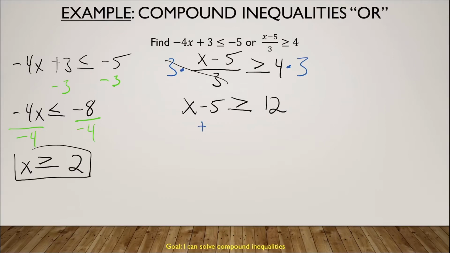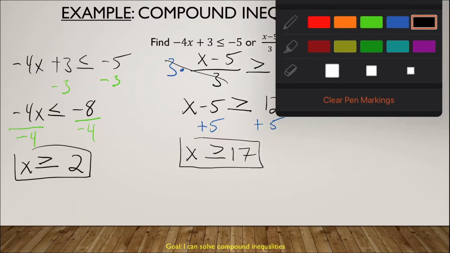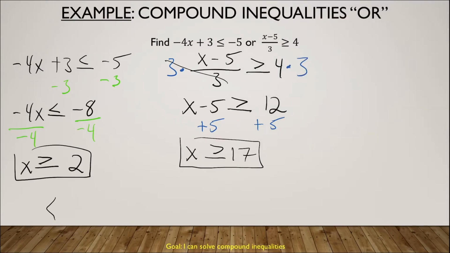Then we have to get rid of that 5, move it to the other side. So we're going to do the opposite of what it's doing, so that's addition. We get x is greater than or equal to 17.